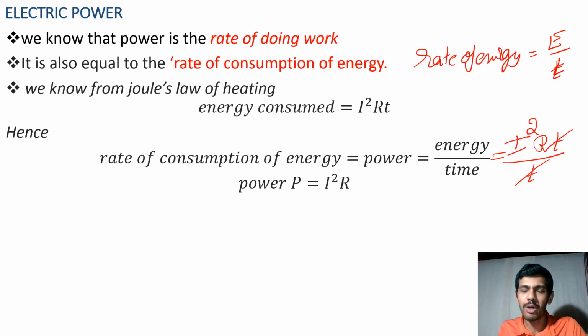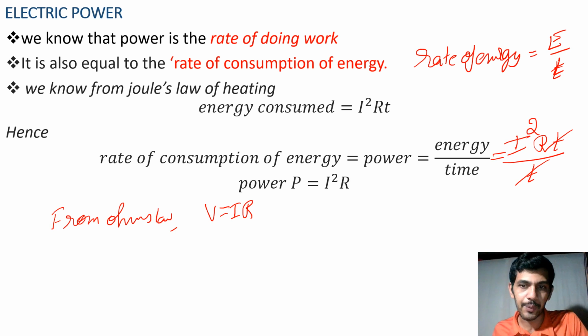From this formula, again I can write from Ohm's law. What do we have from Ohm's law? The potential difference V is equal to I into R. So substitute this here.